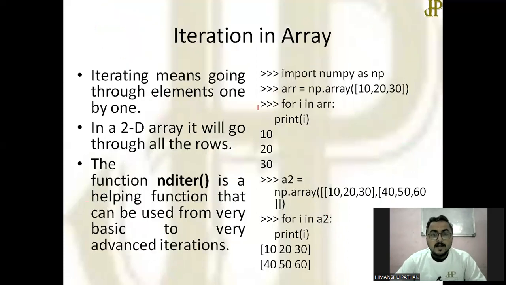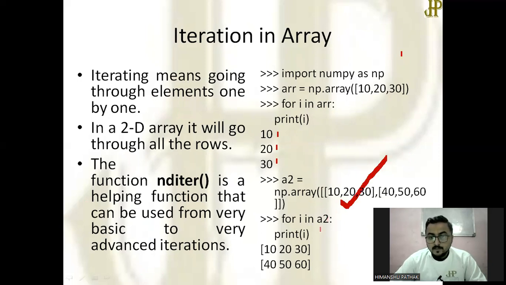Now, iteration. Iterating means going through elements one by one. So here you can see that for I in ARR, print I. So 10, 20, 30 will be printed. Now, in the second example, I have taken a two-dimensional array.